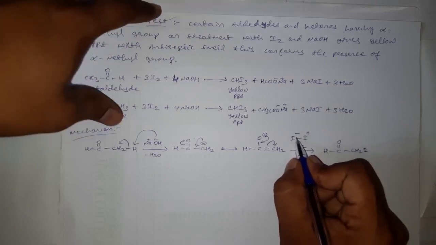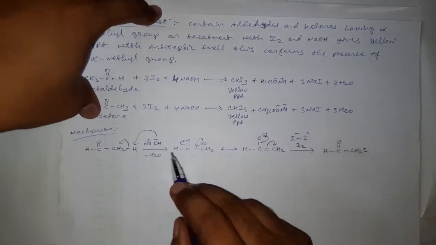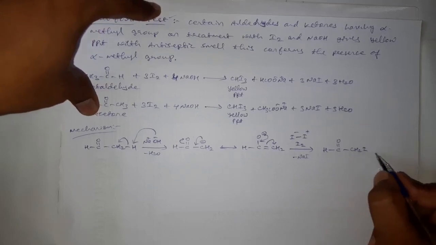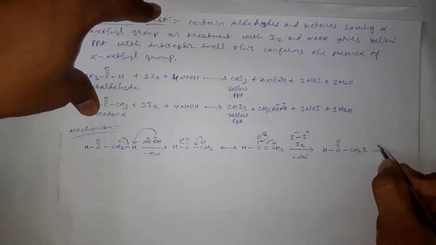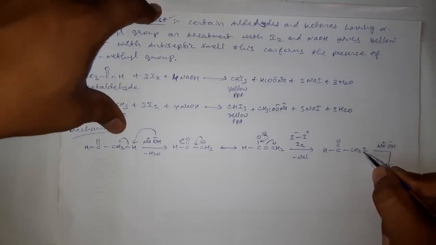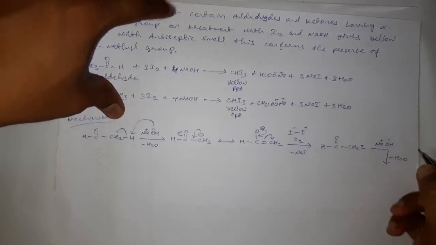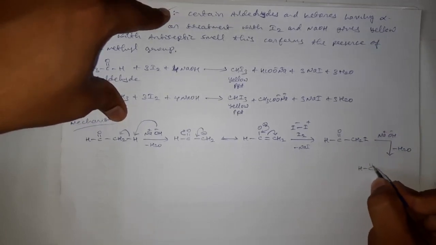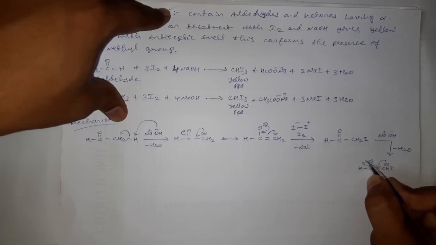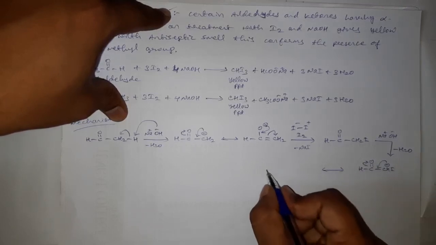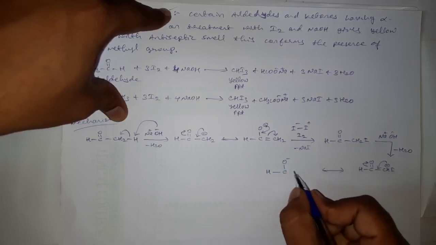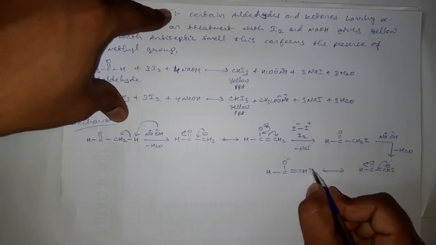Okay, and this I minus and this Na plus will go out as NaI. Okay, and this, when treated with another molecule of sodium hydroxide, this OH will now drag another acidic proton and go out as water, and here we will get HC double bond O CHI minus. This negative charge will delocalize, and we get HCO minus and double bond CHI, correct.